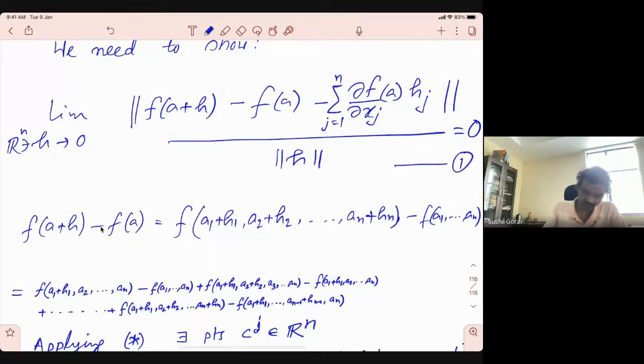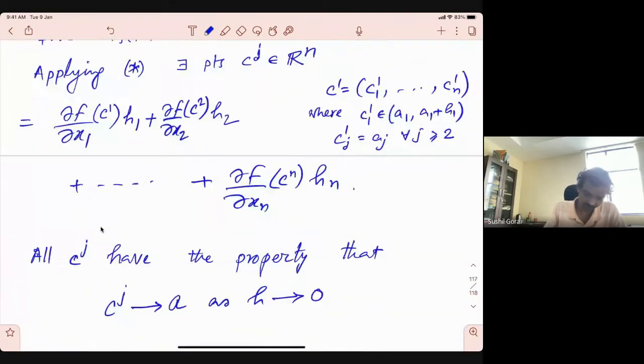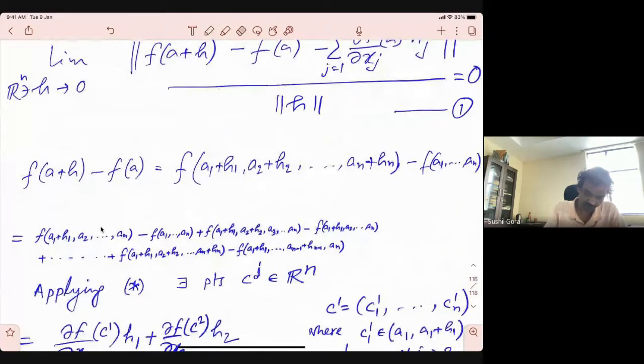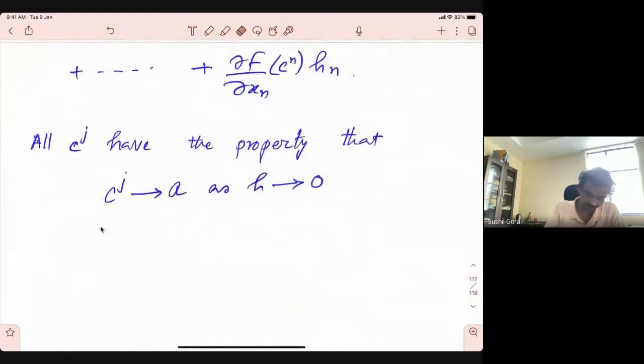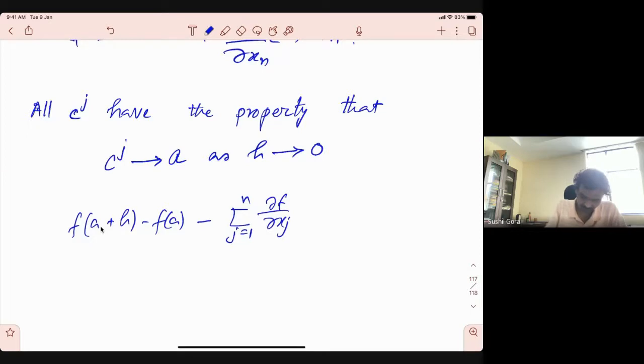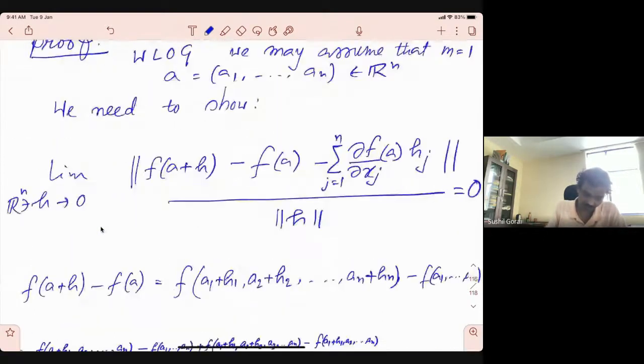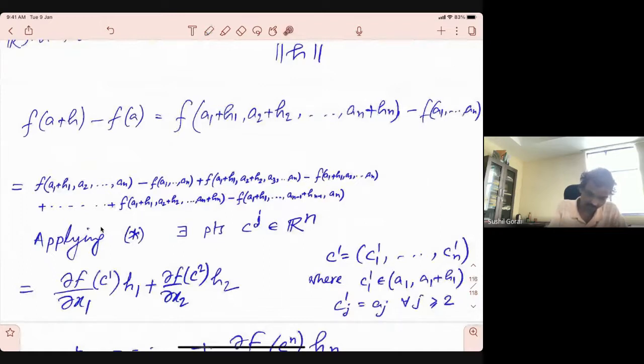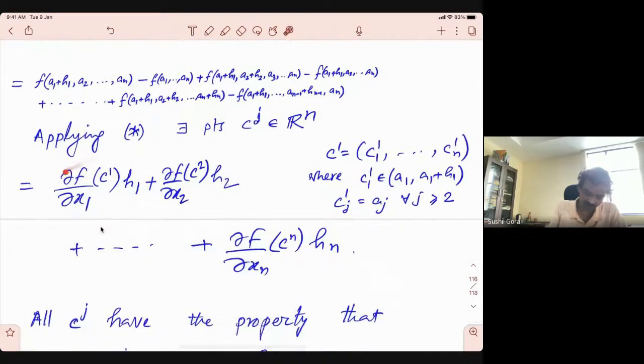So this implies f of a plus h minus f of a minus summation over j equal to 1 to n of del f by del xj at a times hj. This one we started with, and we get it by using the mean value theorem.